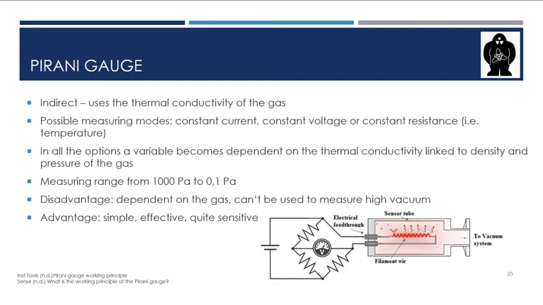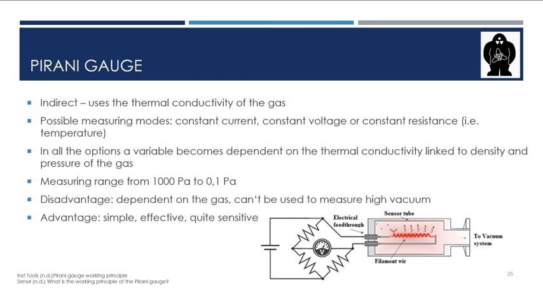When the pressure of the gas changes, its density changes also. It causes the thermal conductivity, and hence the conditions to maintain the constant variable, to change. This change is recorded and compared to a calibration curve of the thermal conductivity of the specific gas.